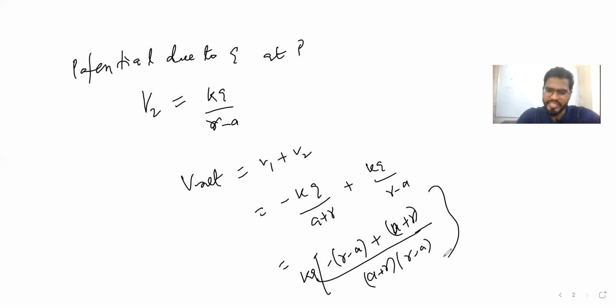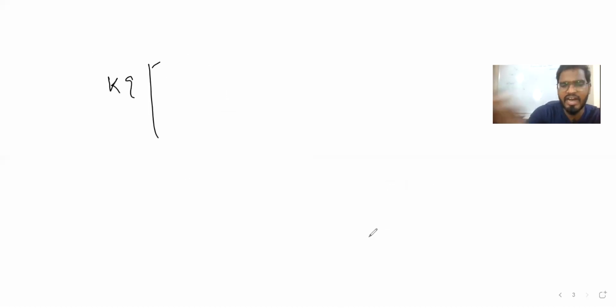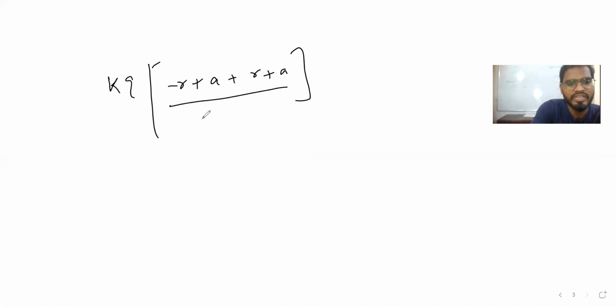So now what will be there? In the denominator we can use a square minus b square form, right? Now we can say kq times r minus r plus a plus r plus a, by r square minus a square.